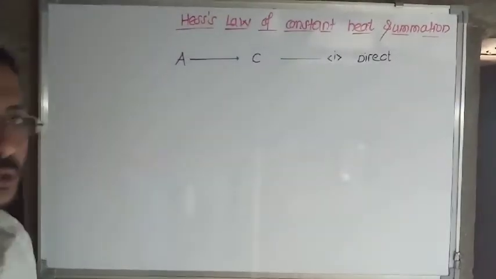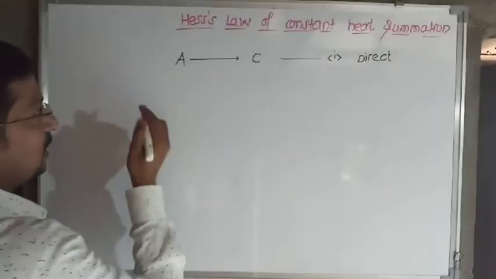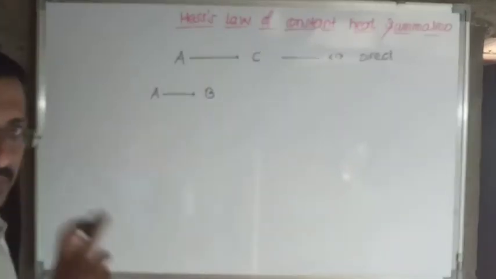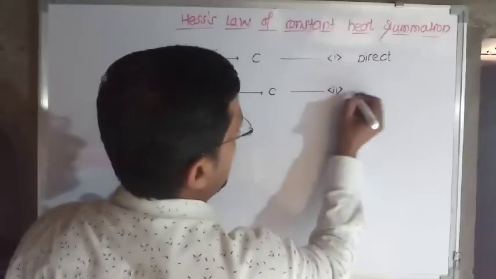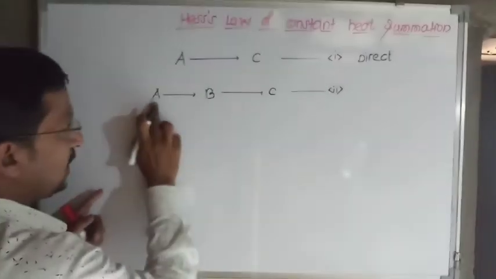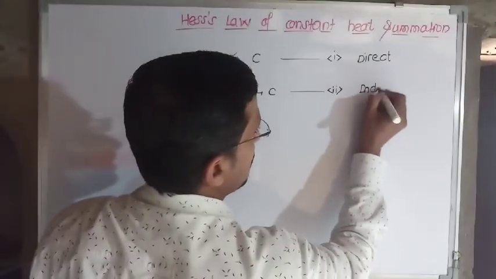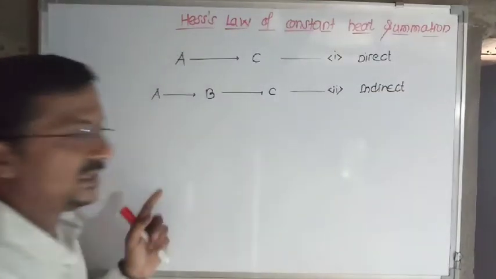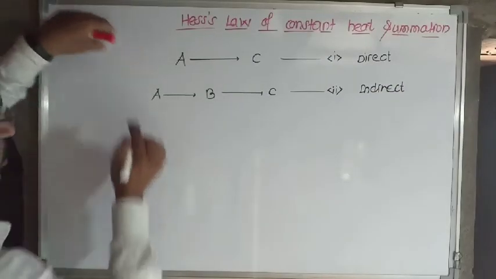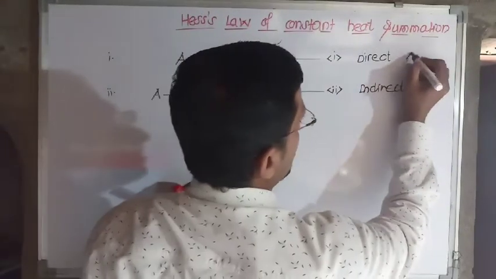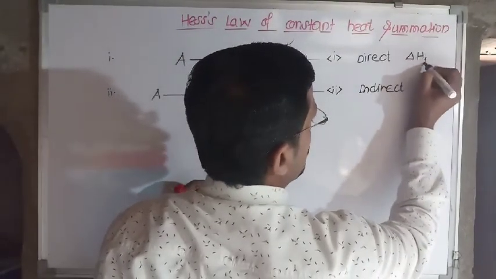Now, alternatively, if I convert first A into B, and then B converts into C, you call this the second reaction, and it is the indirect conversion from final reactant to final product. Whatever enthalpy change occurs in the first case and second case: in the first case, suppose the enthalpy change is delta H1 naught.